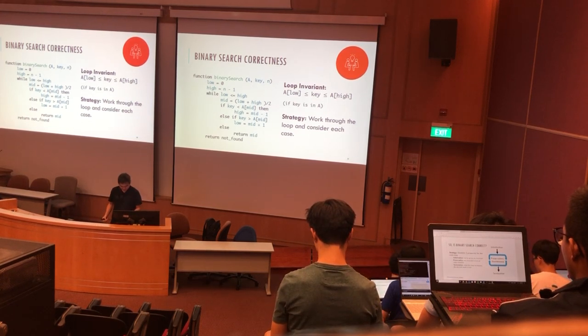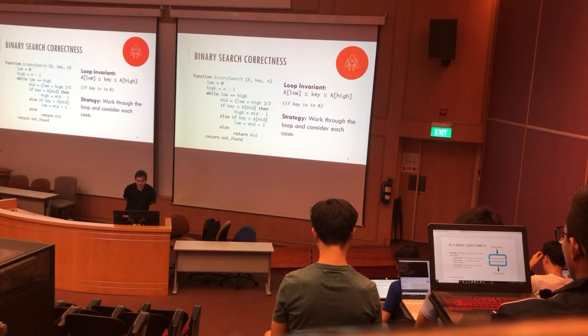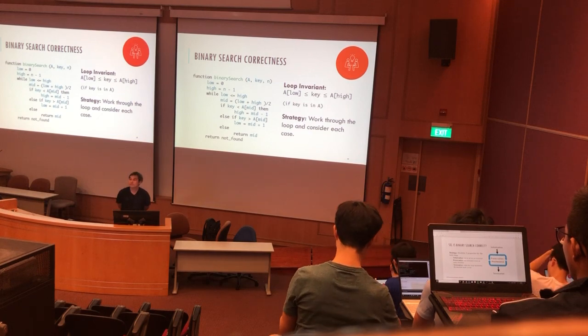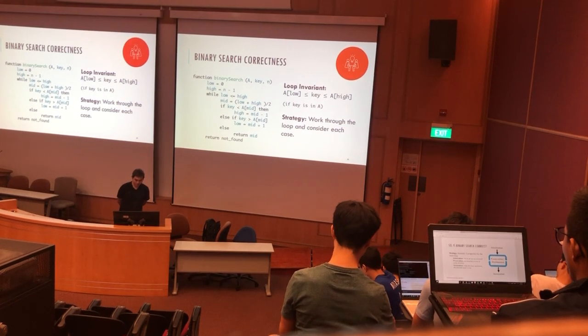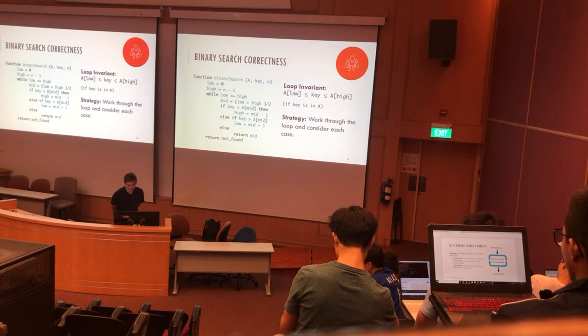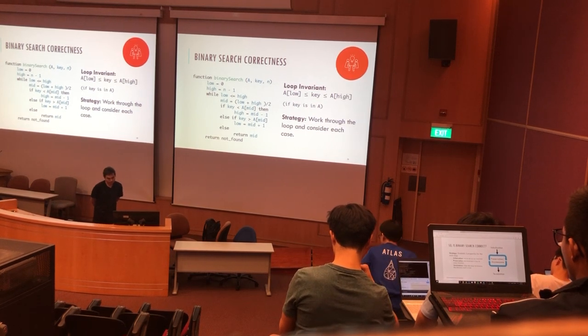The only point I see is the floor division. I don't think it gives you a floor, I think it gives you a double. That's the only problem I can see. High equals mid minus 1.